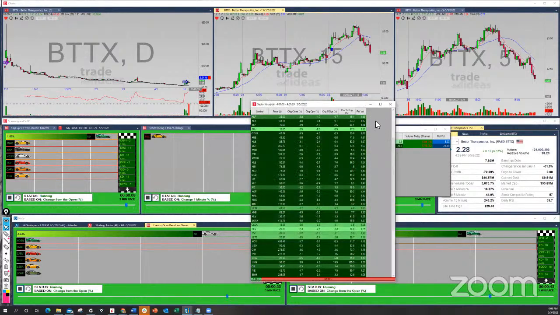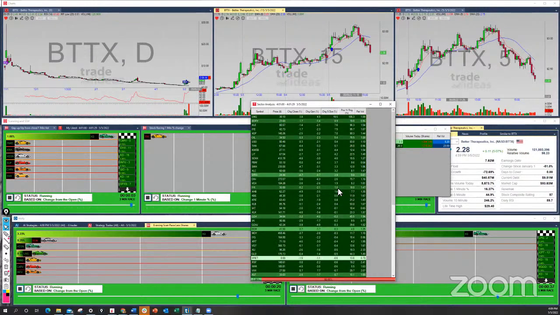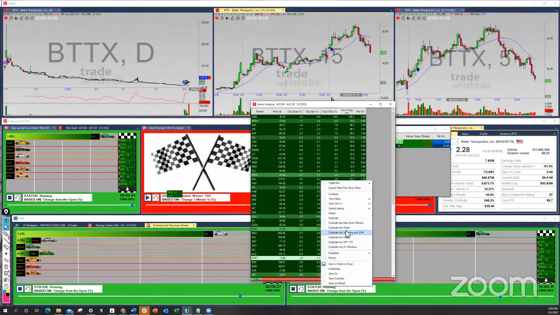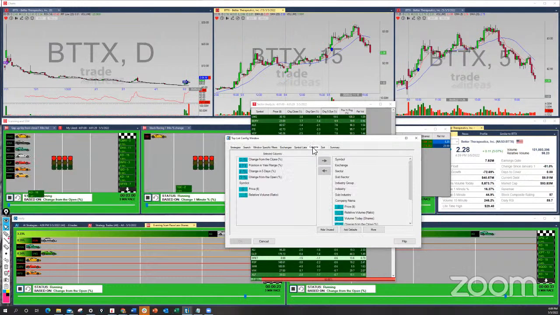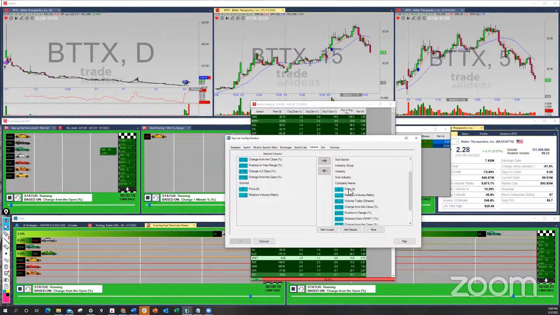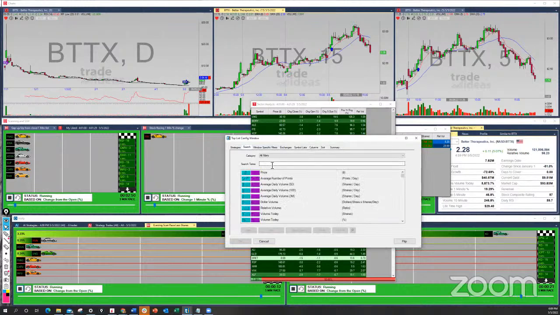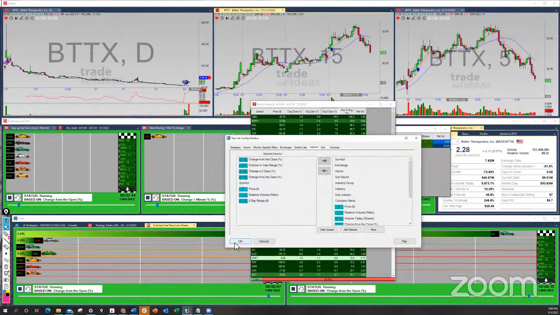And again, I can get it nice and change 5-day. Where's my 5-day? Configure column. Well, that was change in 5-day, not 5-day range. Search 5-day range. 5-day range. Show column. Okay.